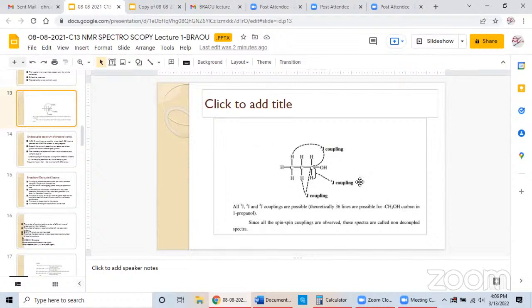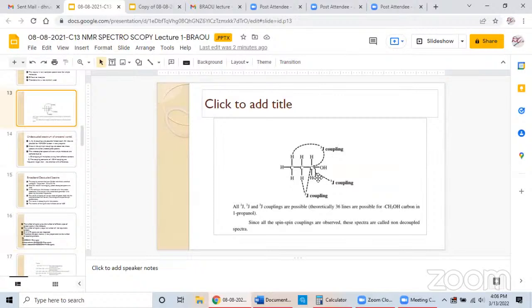Nobody will take carbon 13 for a simple molecule such as propanol. Just proton NMR is enough for this. But still, as an example, even the carbon 13 NMR of such a simple molecule as propyl alcohol will be complex.